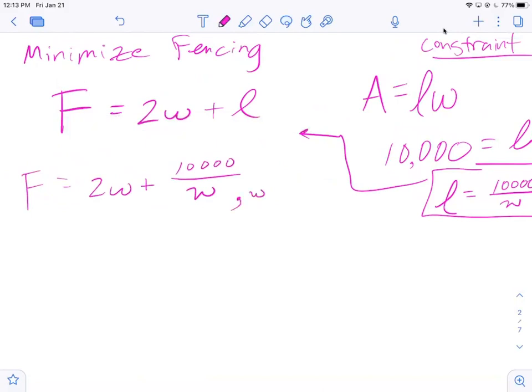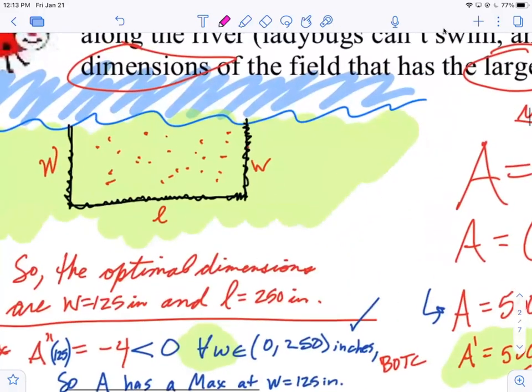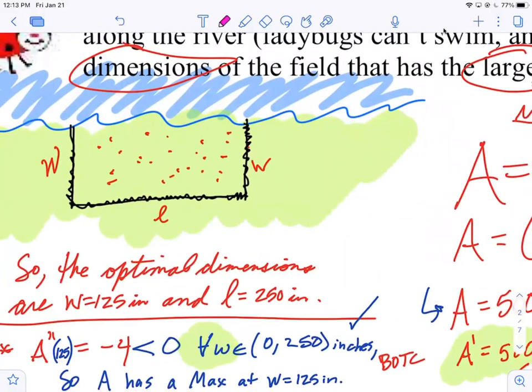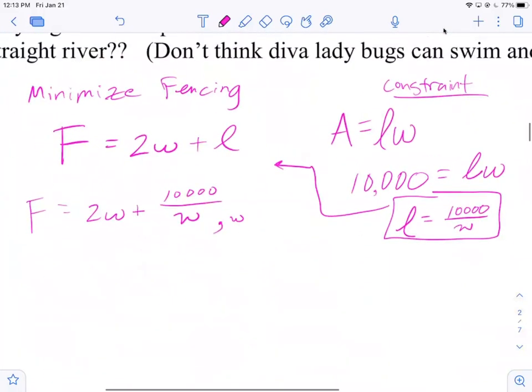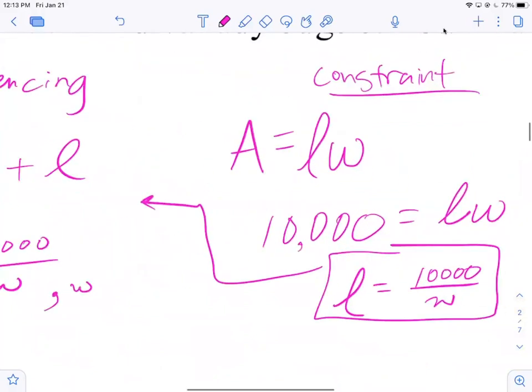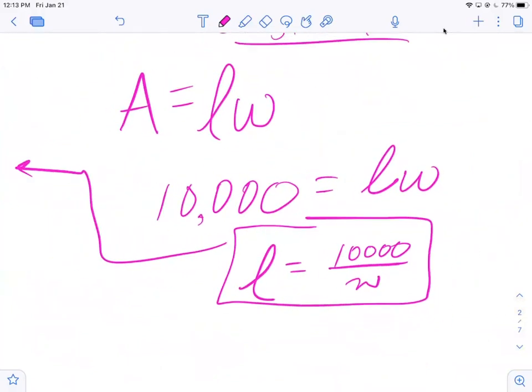You could do it as interval notation or inequality notation. Now notice the equation itself has built in the fact that W can't be 0, right? Which we know that. The width can't be 0 because if the width is 0, he's just rolling out the fencing along the river. It doesn't enclose anything. So what would be the largest the width can be? Well, that's going to be kind of harder to figure out here.